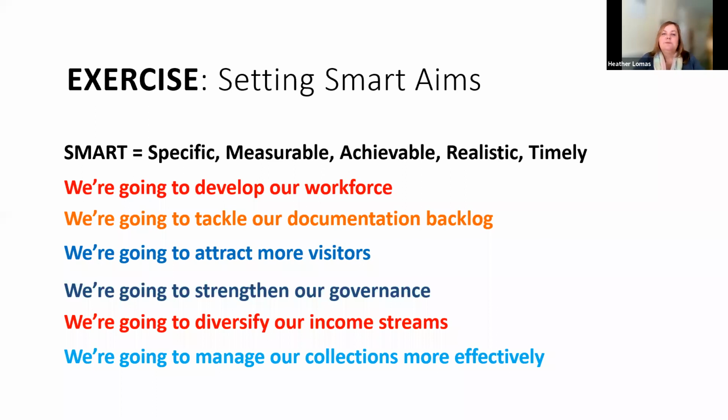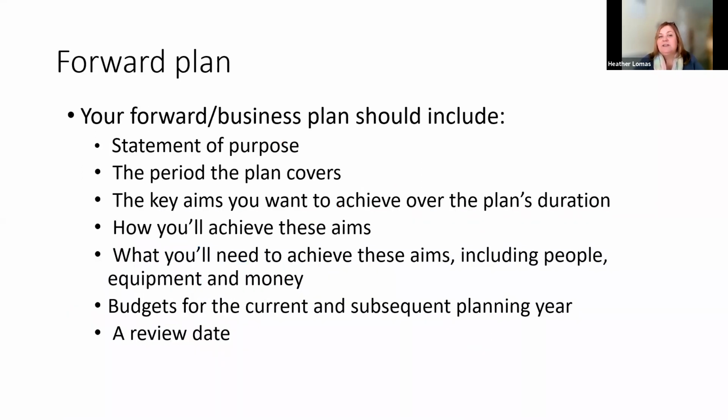The forward plan or the business plan should include, as a minimum, a statement of purpose. So that links back to what we talked about at the very beginning. It needs to explain the period that the plan covers. So it has to be the current year and the subsequent year as a minimum. That's the minimum amount of time. The key aims that you want to achieve over the plan's duration, how you're going to achieve these aims, what you'll need to achieve these aims.